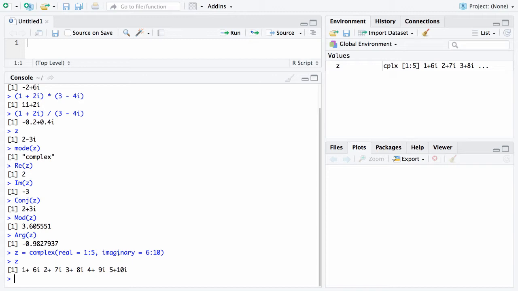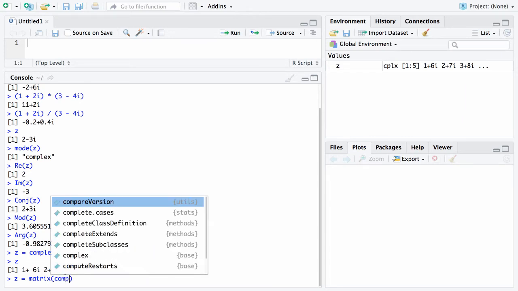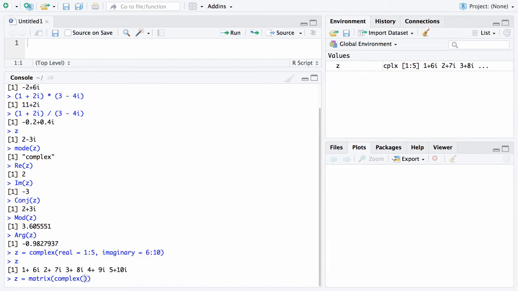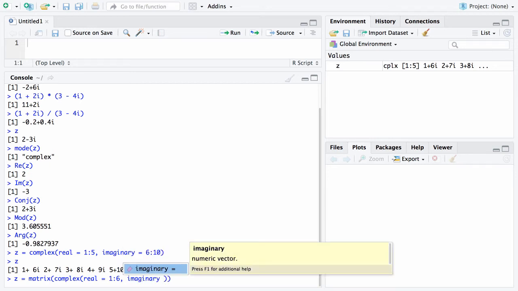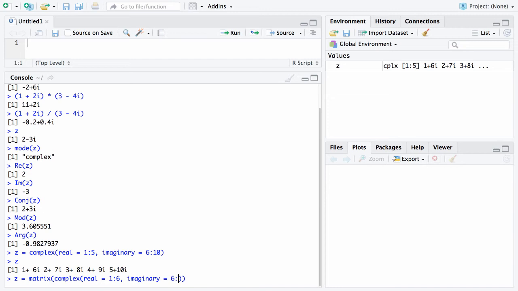You can also put these into a matrix if you care to. So for example, z is a matrix of complex numbers. The real values might go from, for example, 1 to 6, and the imaginaries might go from 6 back down to 1.